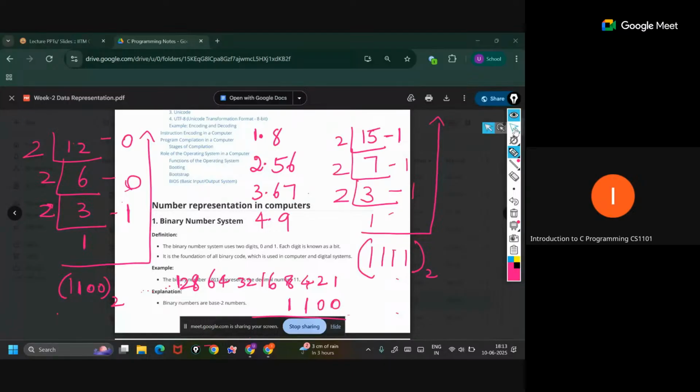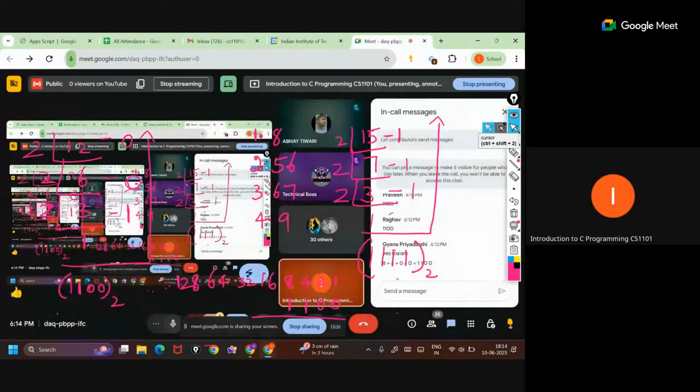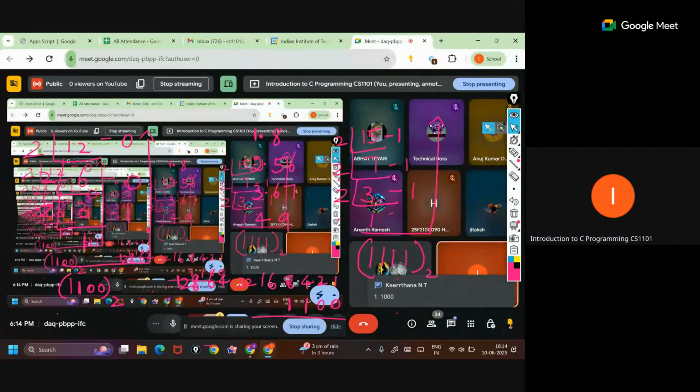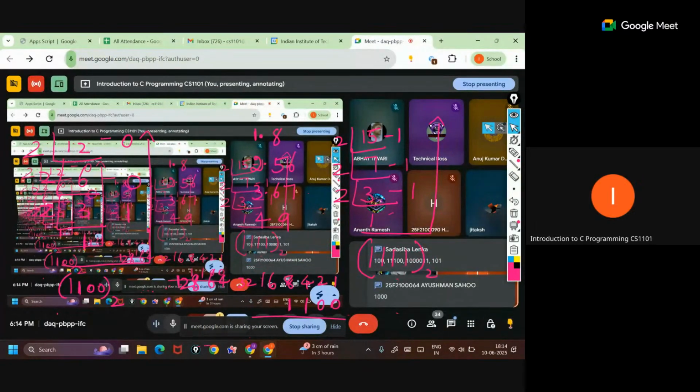Just give the binary representation of these numbers. That's it. I'll give 3 more minutes, people. Just complete it and send it in the chat box.